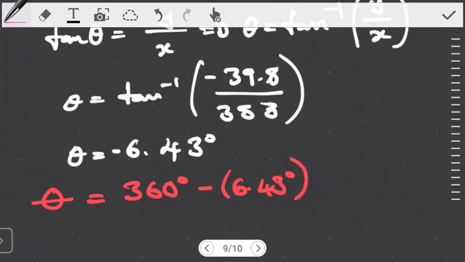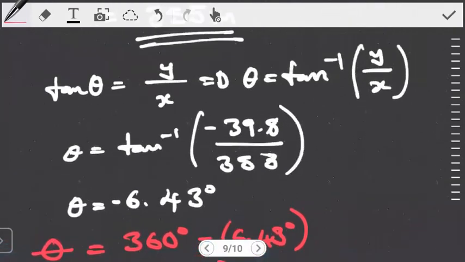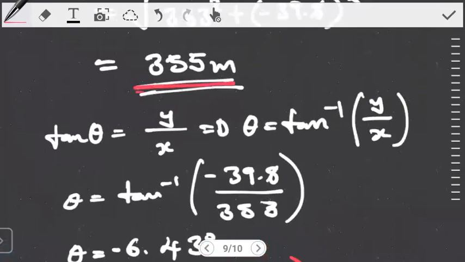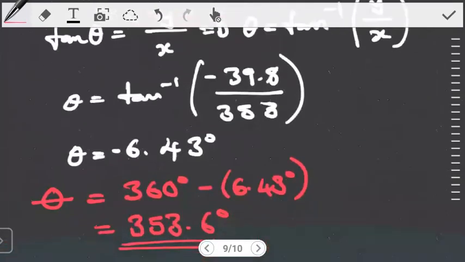So when you make the subtraction, you get the angle measured from the positive x anti-clockwise as 353.6 degrees. So this becomes the direction. We can conclude that our vector D3 is of magnitude 355 meters in the direction 353.6 degrees anti-clockwise from the positive x. So this is how we work out this particular question.